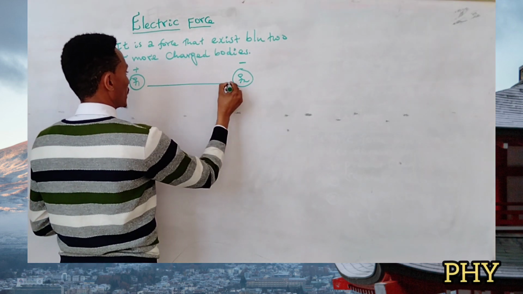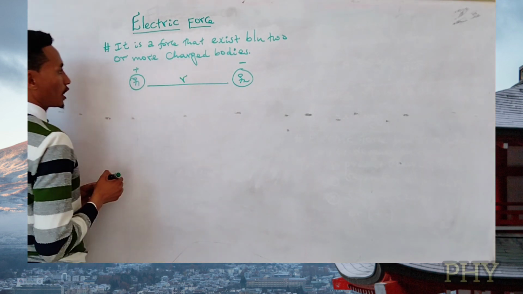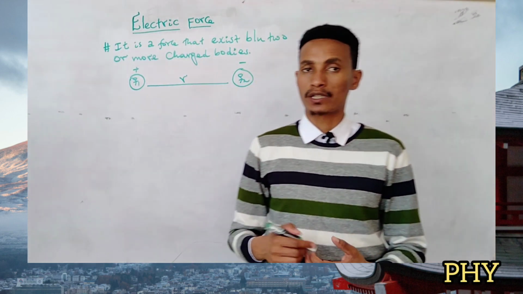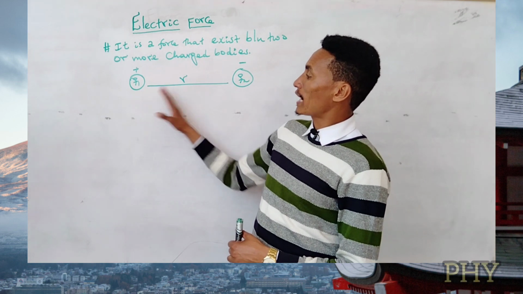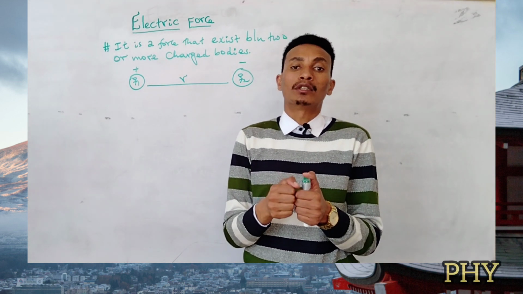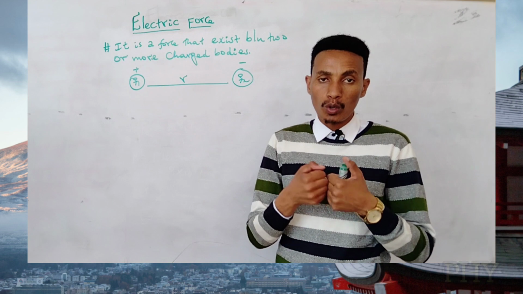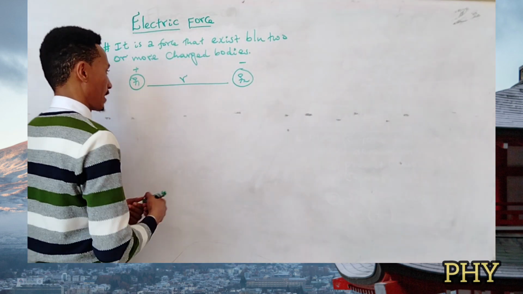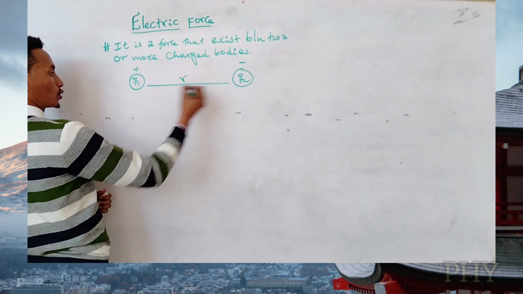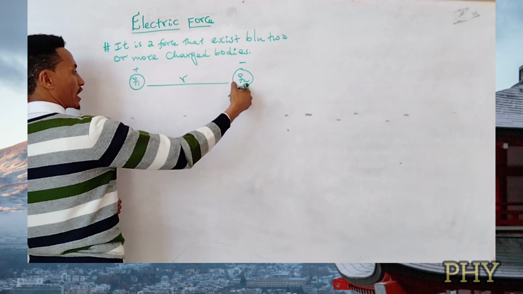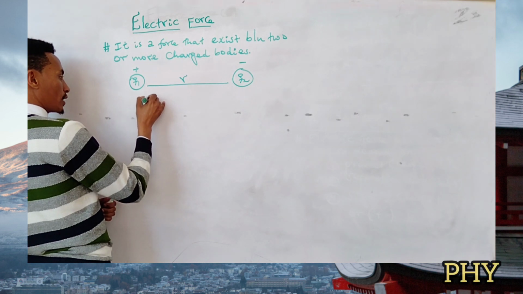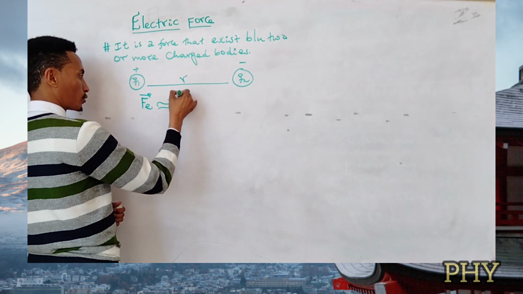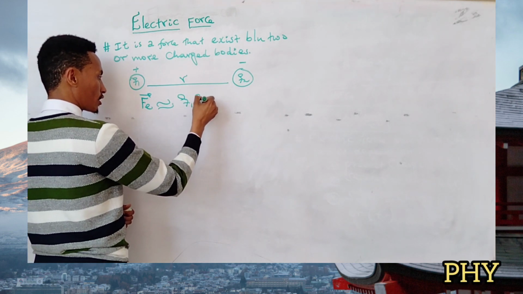So these two objects or bodies are separated by a distance, let's say r. According to Coulomb's expression, in Coulomb's law, the force between Q1 and Q2 is labeled by Fe, what you can call the electric force, which is directly proportional to the product of Q1 and Q2.